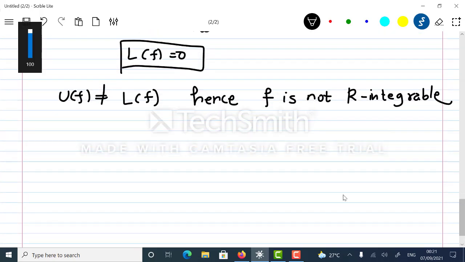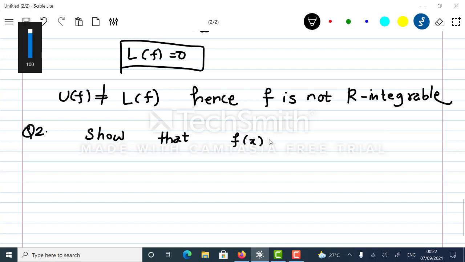Let me take another example, question number 2. Show that f of x equal to 1 minus x on the interval 0, 1 is R integrable.